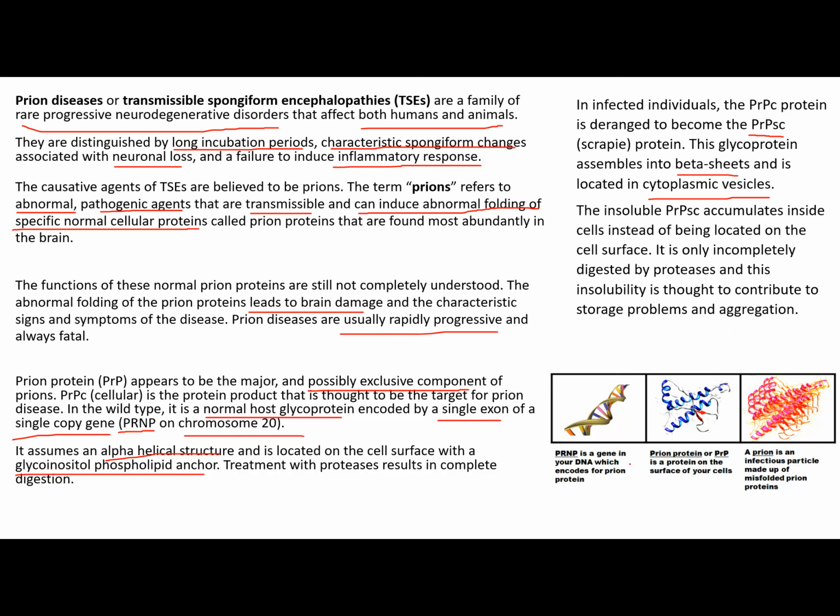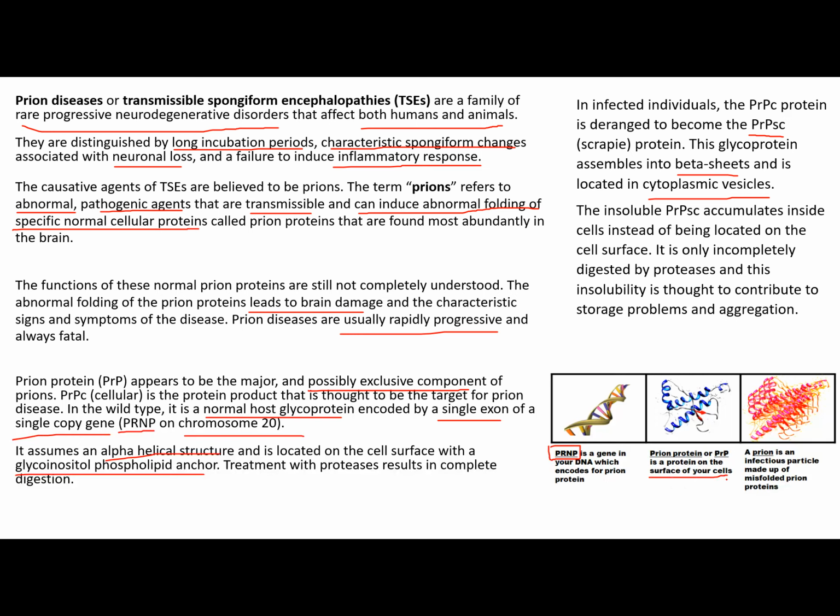So just to give you a recap, class, if it is asked in your quiz, what is the gene where you would find the encoding of your PrP protein, the answer is PRNP. So PRNP is the gene that encodes for the prion protein, while your PrP is the normal prion protein found on the surface of your cell.